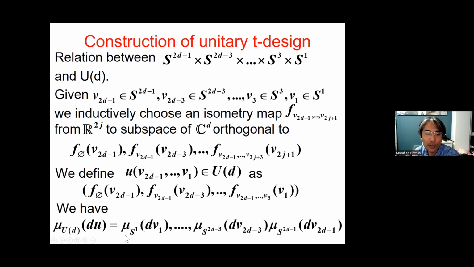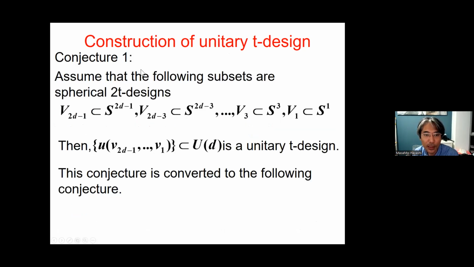So the first one is conjecture 1. Assume that the following subsets are spherical 2D designs. We define them in this way. Then this subset of the set of unitaries is a unitary T design. So if this one is a 2D design, then this one is a unitary T design.